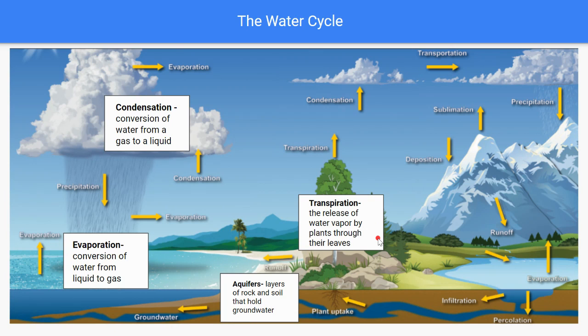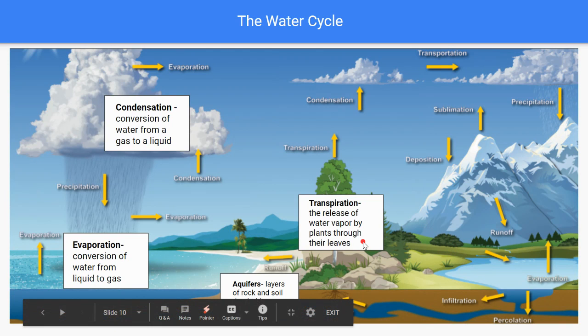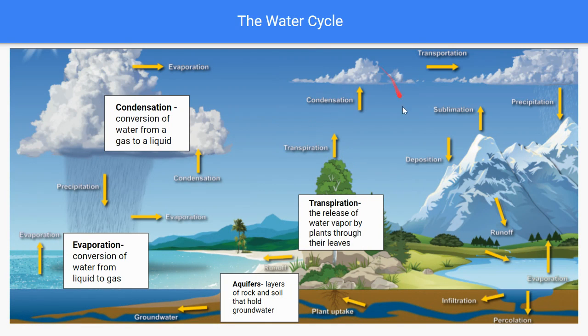And you would think that this doesn't account for a lot of the water cycle, but it really, really does if you think about the amount of trees and plants that exist in jungles and forests and all that stuff. So transpiration is the release of water vapor by plants through their leaves. So transpiration gets water into the atmosphere again. It condenses.